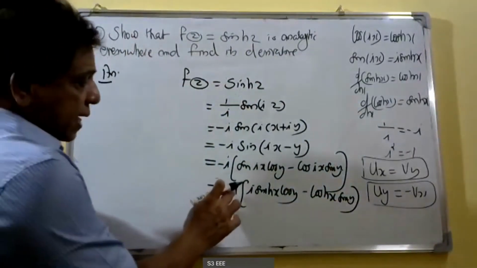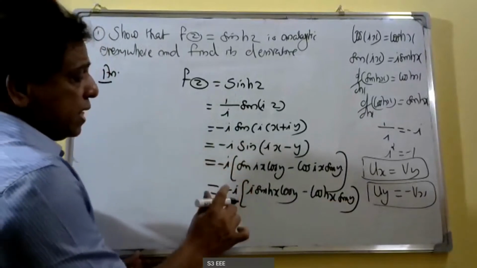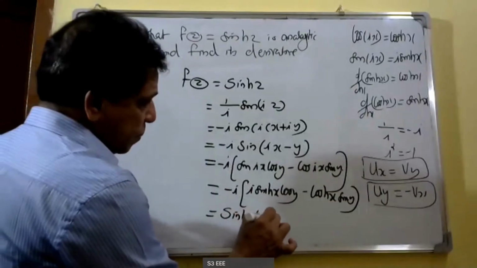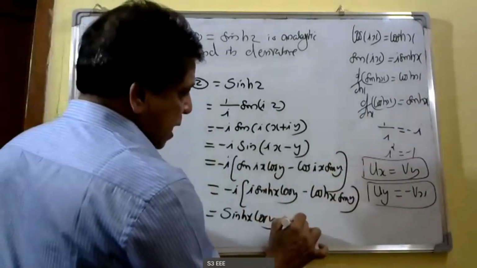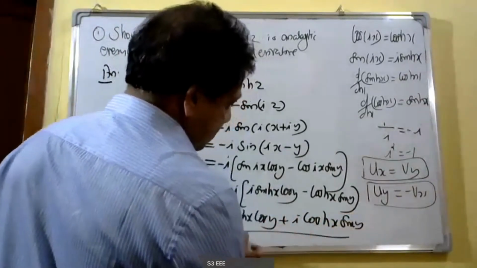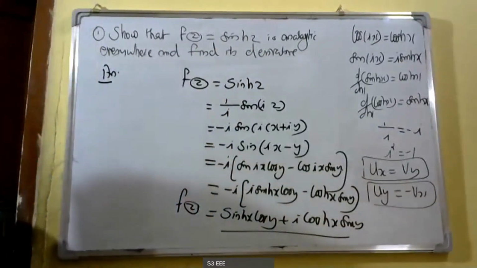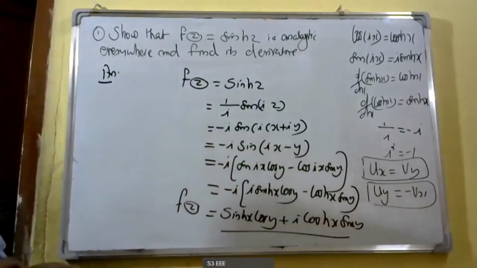Then removing the bracket, i into i square, i square is equal to minus 1. Therefore, minus into minus is plus. Therefore, sinh x cos y, then minus into minus plus i into cosh x sin y. Therefore, f of z is equal to sinh x cos y plus i into cosh x sin y.